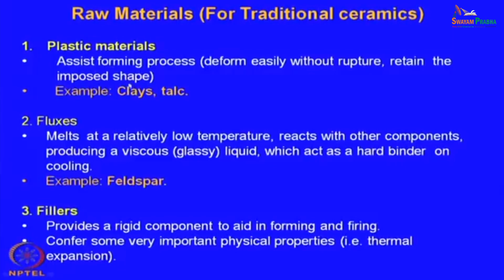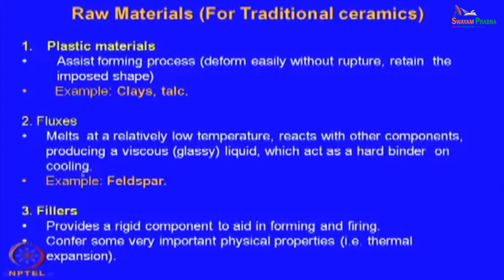So, the plastic material is basically clay or talc, which is another silicate, basically hydrated magnesium silicate, and then you have feldspar, that is again another mineral which is used as a flux because it melts at a lower temperature, and then we have some non-fluxing materials like quartz.